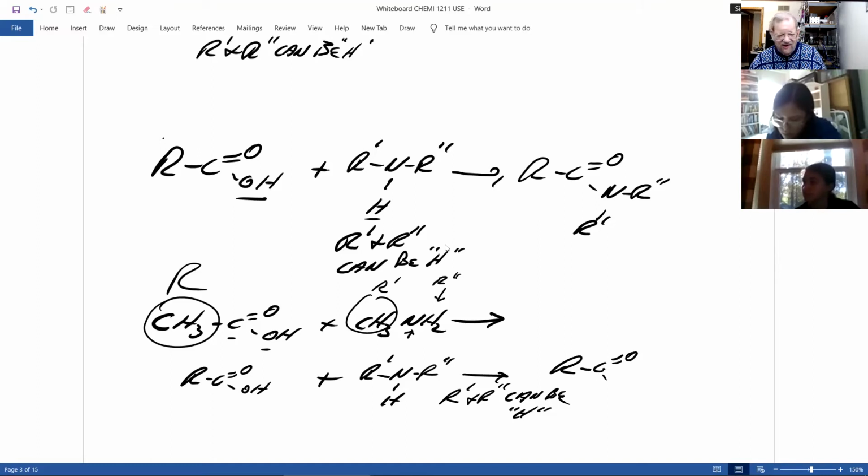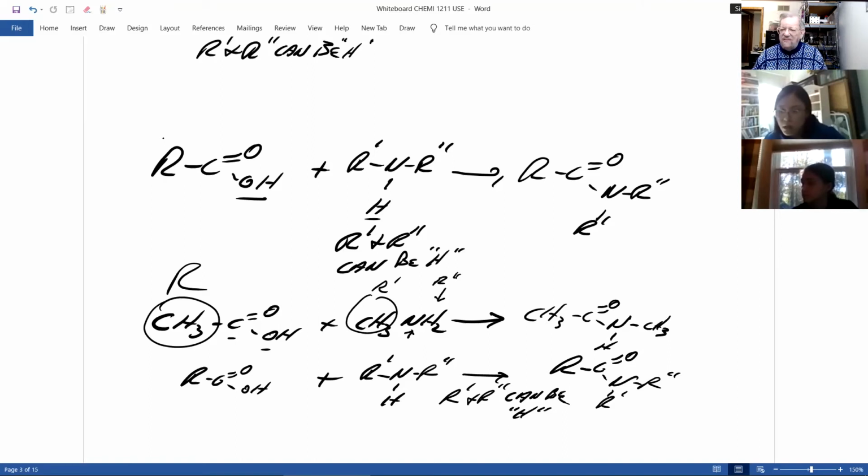What's attached to the carbonyl carbon stays there, R. You have nitrogen, and on there you'll have your R prime and R double prime. Well, I have my R group, my carbonyl, and now nitrogen, and I have R prime, methyl, and my hydrogen.